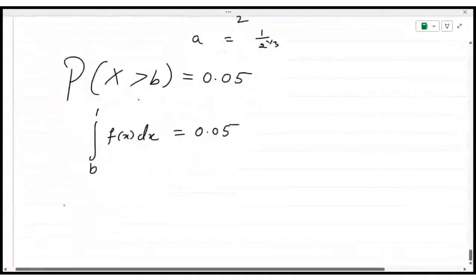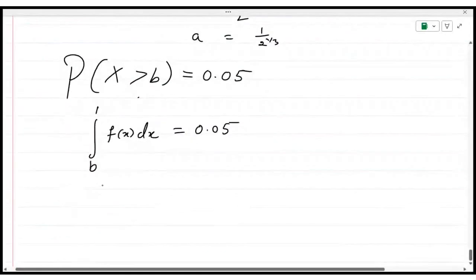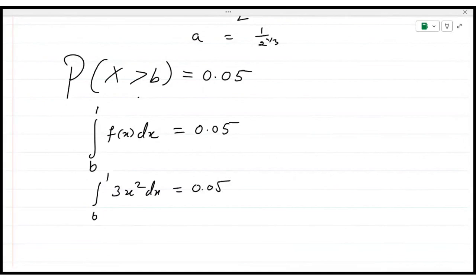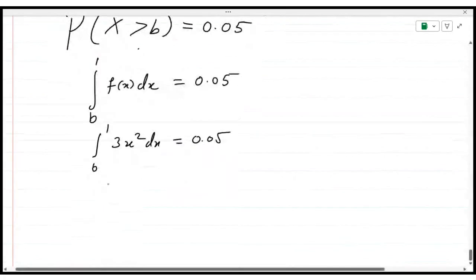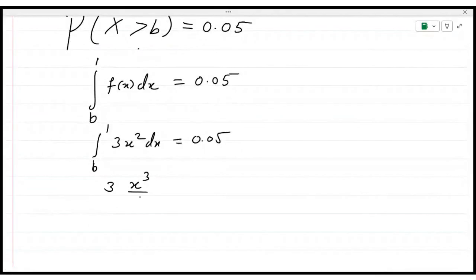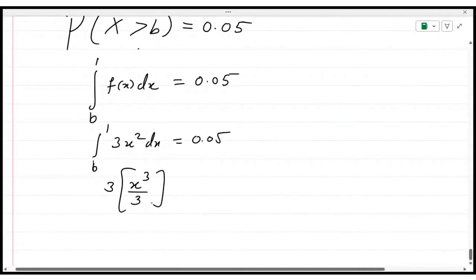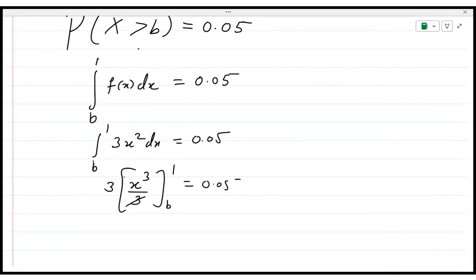Again the same logic will be used. 3 is constant. So let me write this in a proper way: the integral from b to 1 of 3x square dx is equal to 0.05. 3 is constant, 3 will come out. Integral of x square: increase the power, divided by the new power. Limits are b to 1, equal to 0.05. Now this 3 cancels out.